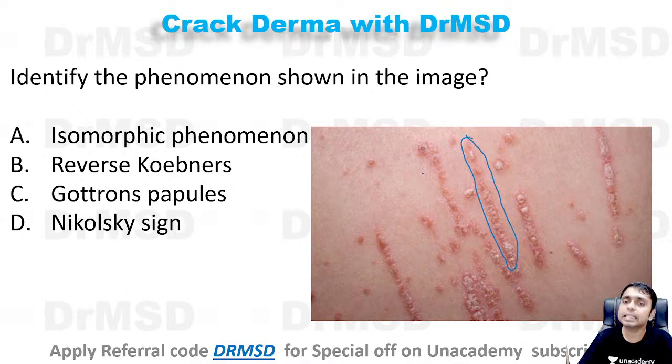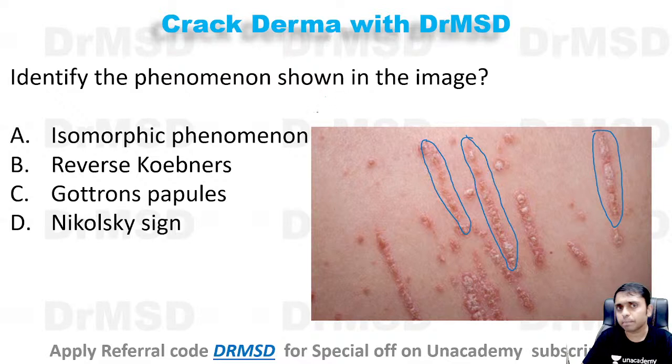When you see this linear pattern, you should always think about the isomorphic phenomenon. The full name of this is actually Kobner's isomorphic phenomenon.